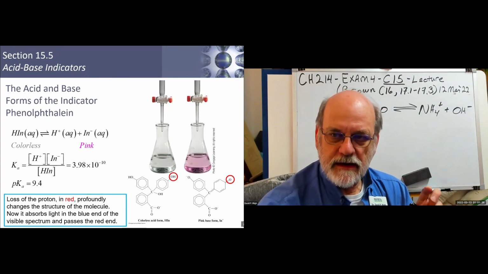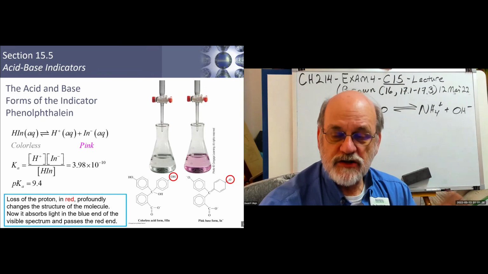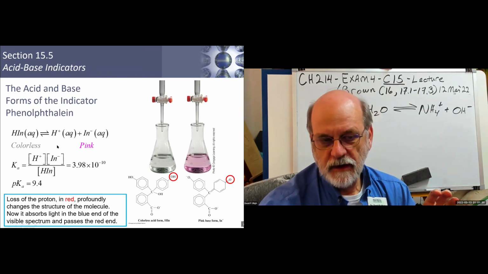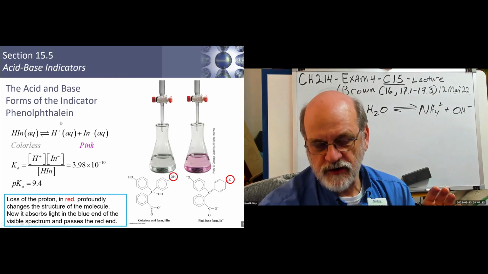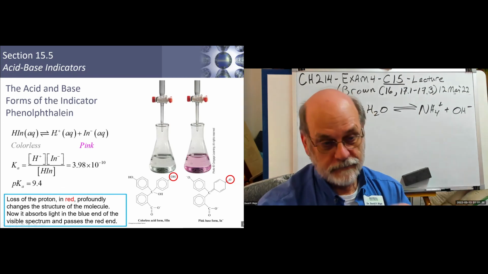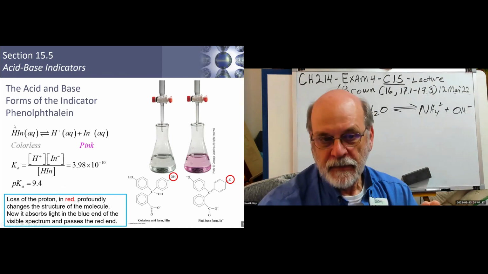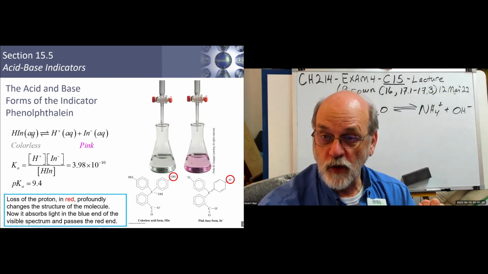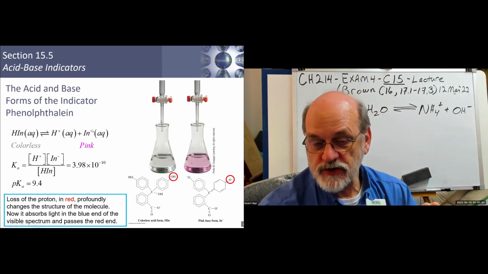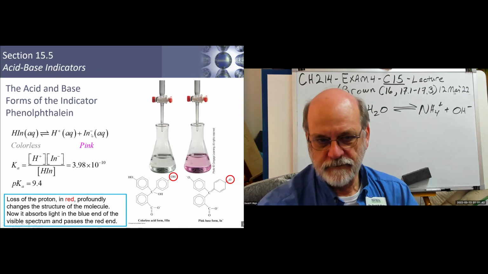So you've got to pick the color change event. When does it occur? Well, notice that in this reaction where we have the generic indicator, the reaction is between the acid form of the indicator and the conjugate base form of the indicator.